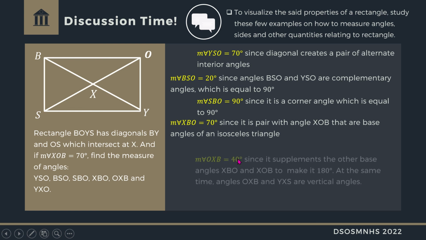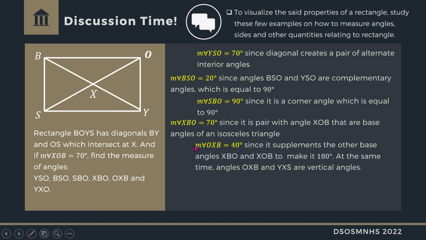The measure of angle OXB, or BXO, is 40 degrees since it supplements the base angles XBO and XOB to make 180 degrees. The third angle of the isosceles triangle is 40 degrees, and 140 plus 40 is 180.